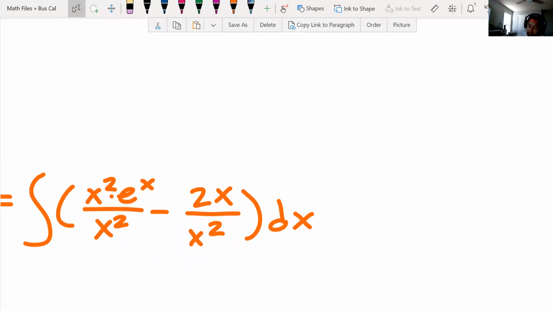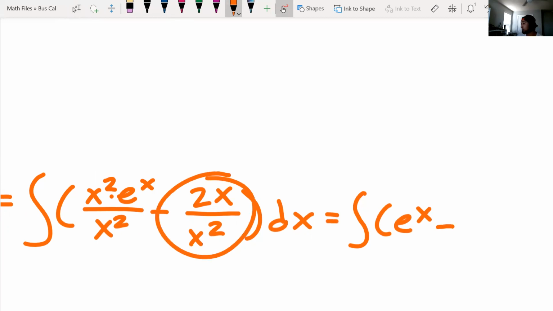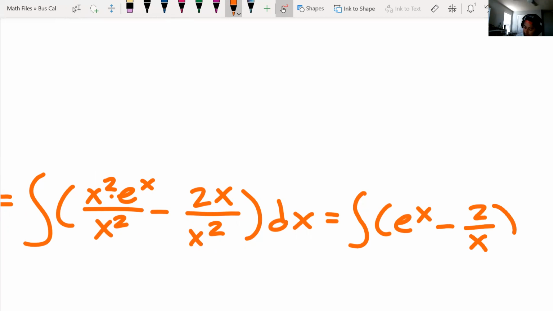Now reduce, and your x squareds will cancel, leaving you with the integral of e to the x minus 2x over x squared, which becomes 2 over x, dx.